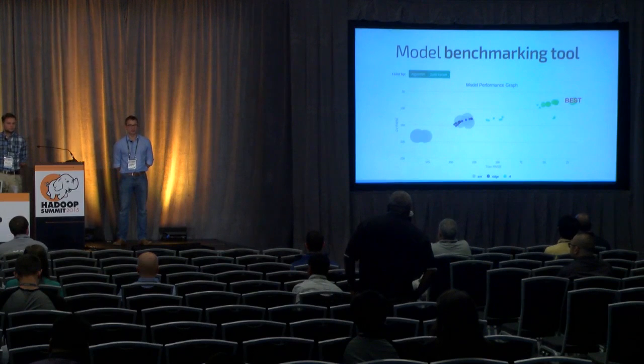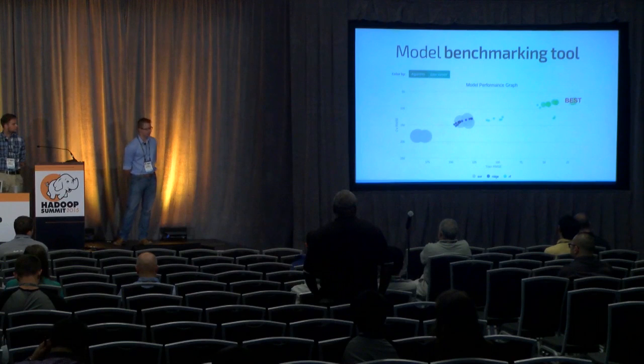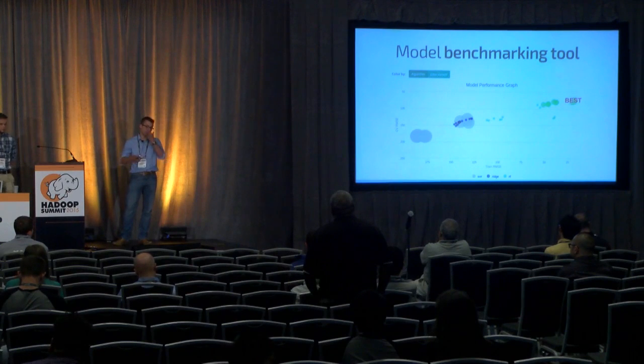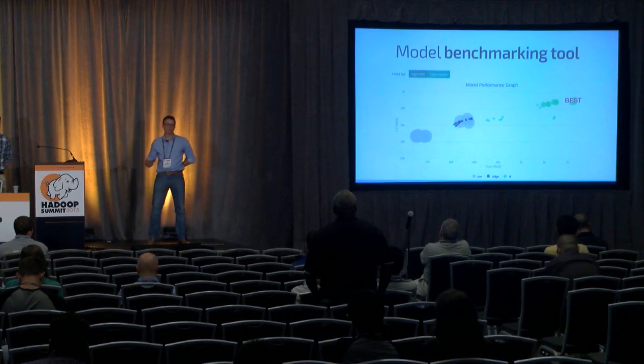So the target function which you are optimizing depends on your problem. Here we had a problem where we were trying to find a minimum of models of root mean square error.